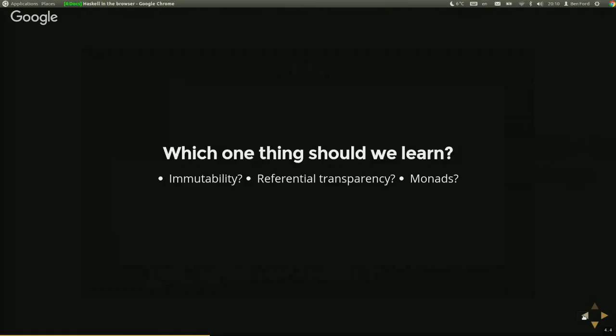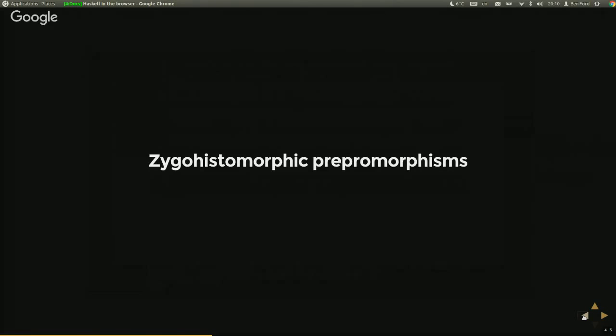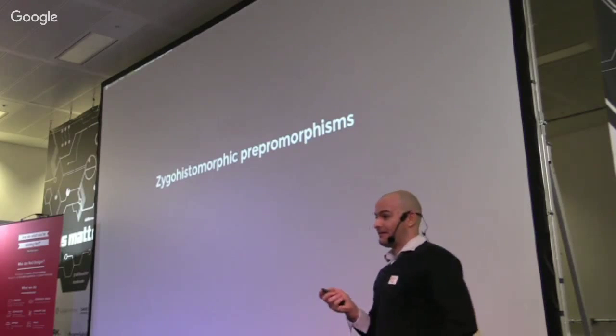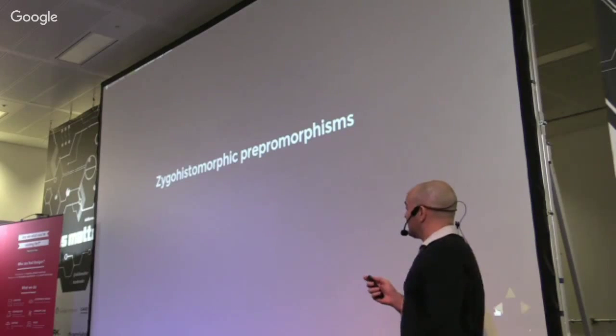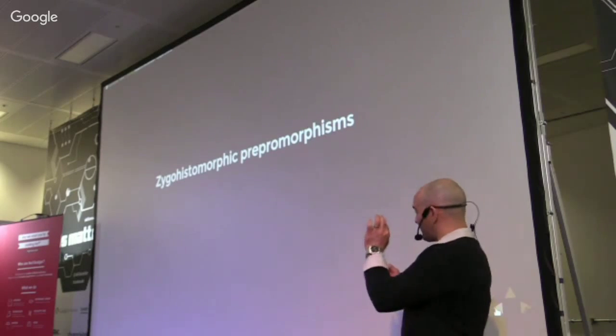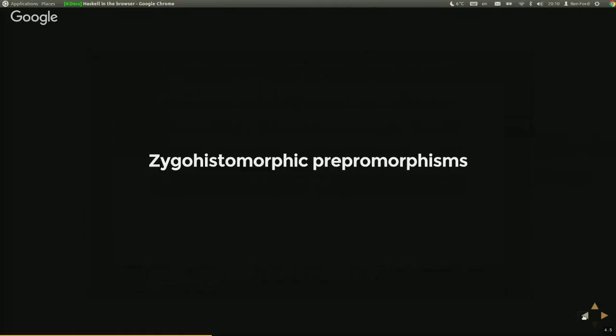So anyway, the essence of Haskell actually is these things: zygomorphic, zygohistomorphic prepromorphisms. This is if you climb the top of the Haskell mountain that Ed Kmett has built, this is the thing that's right at the top. You can Google this right now, and you will not find a single one of these things in the wild, ever, anywhere.